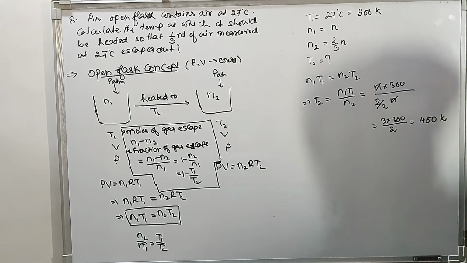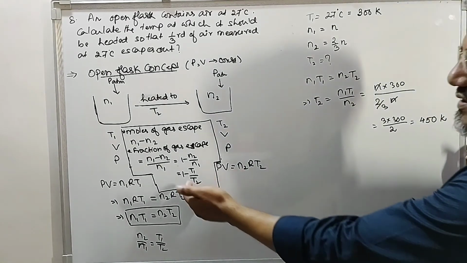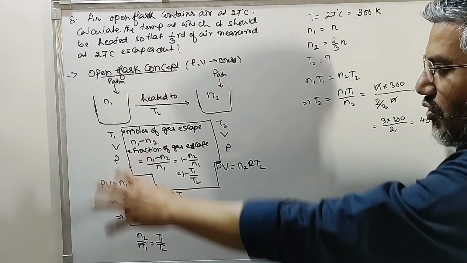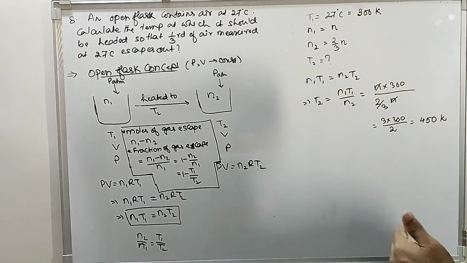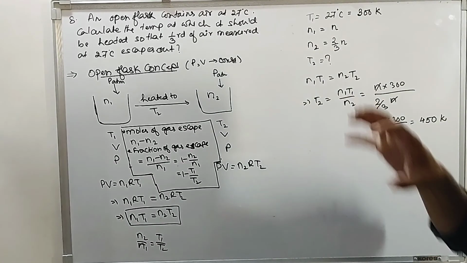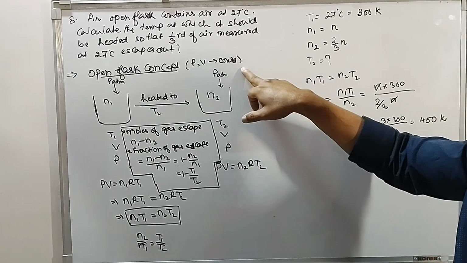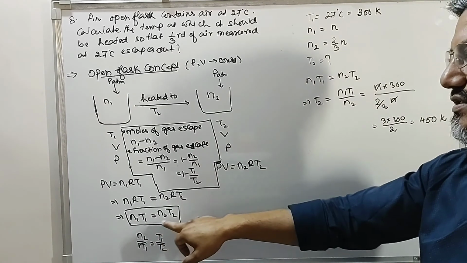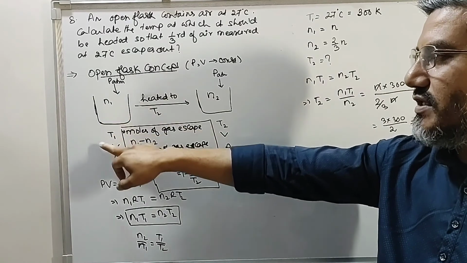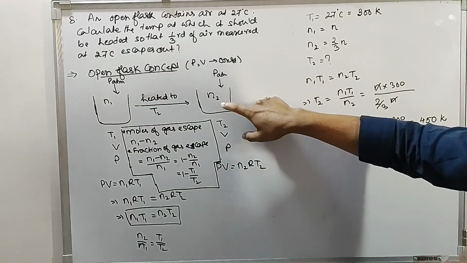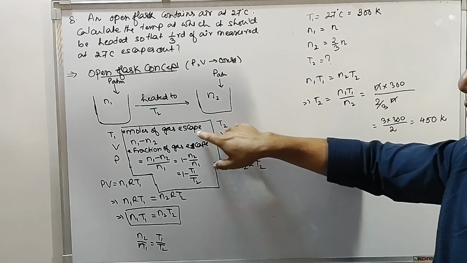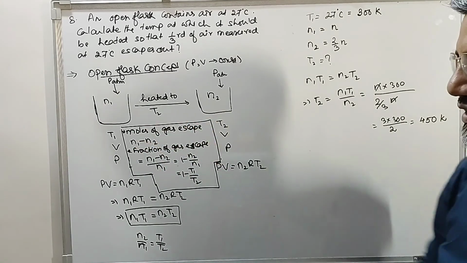But if the question asks for the fraction of gas that gets out, then we have the equation 1 minus T1 by T2. So this is the open flask concept. Whenever we use the term open flask concept, please keep in mind that pressure and volume are constant, so N1 T1 equals N2 T2 will be used. N1 is the initial number of moles present at T1. N2 is the number of moles of gas left inside the container on heating to T2, and the number of moles of gas that escaped is N1 minus N2.